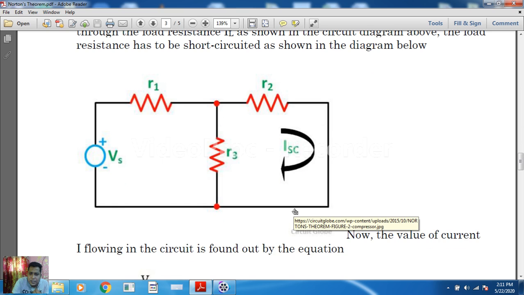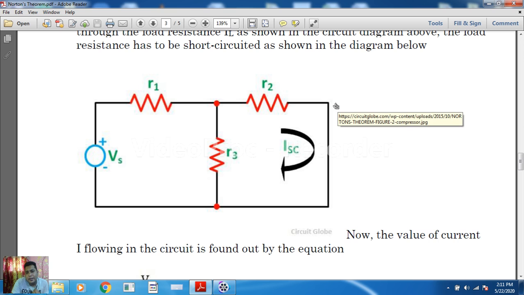Coming to the next step, here there was RL. We have removed that RL, we have made that terminal short, and we have to find out the current flowing through this short circuit path, that is known as ISC. S for short, C for circuit. So the suffix SC means short circuit current. Okay, our aim is to find the short circuit current.